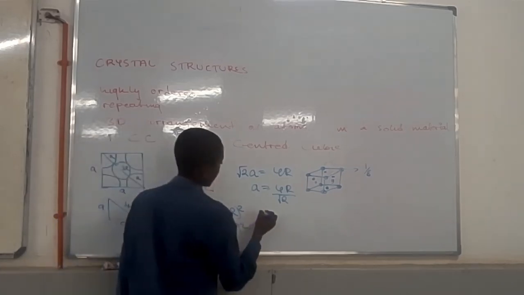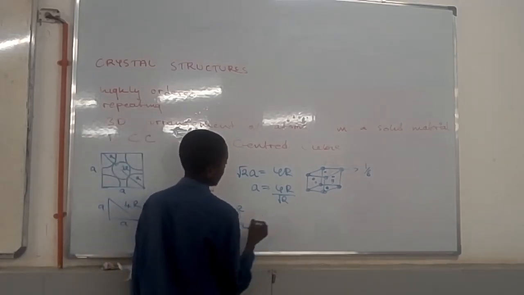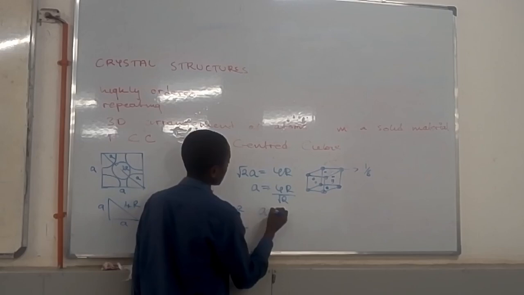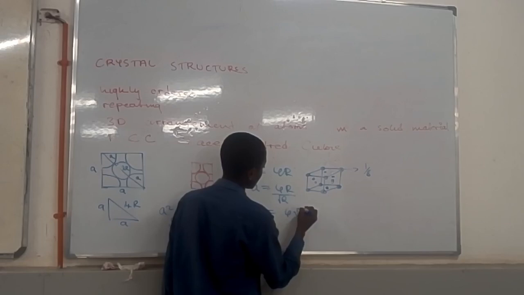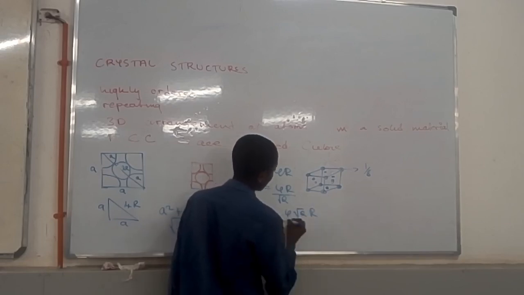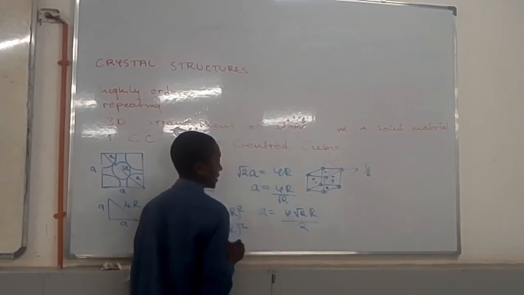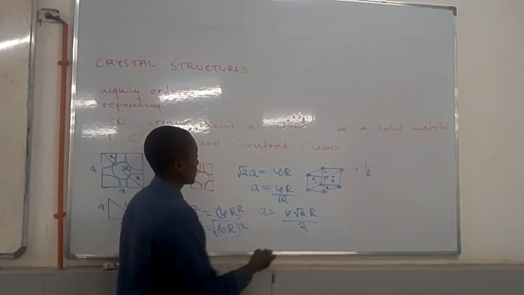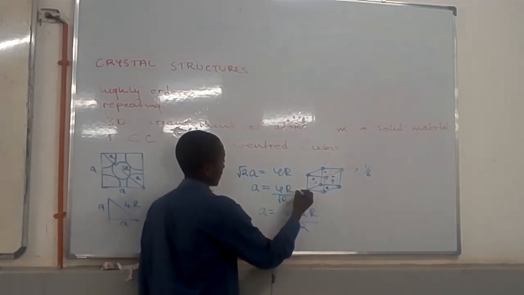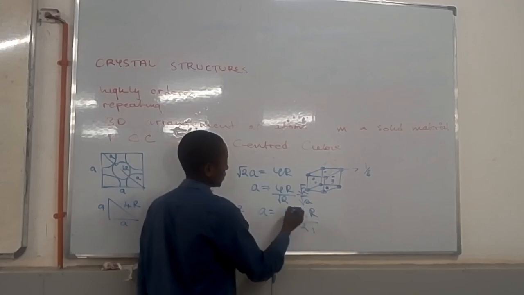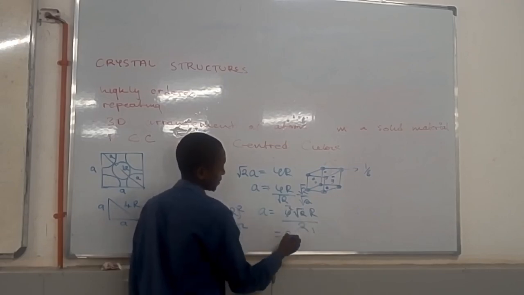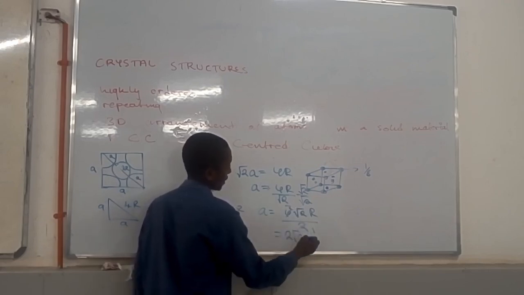Okay, so I can rationalize the denominator, and what I'll get will be what? 4 root 2 r over what? Over 2, right? Guys, when you do this, you get this. So 1, 2. This just simplifies to 2 root 2 r.